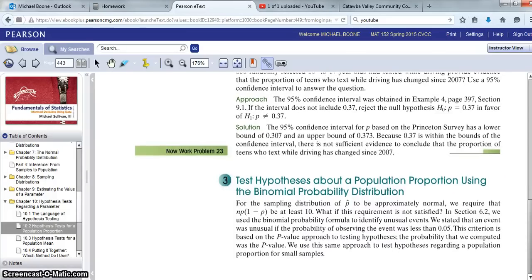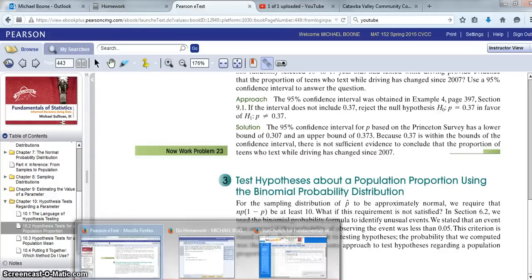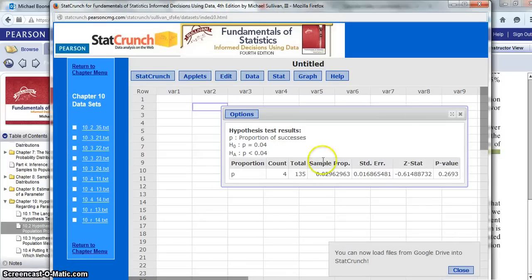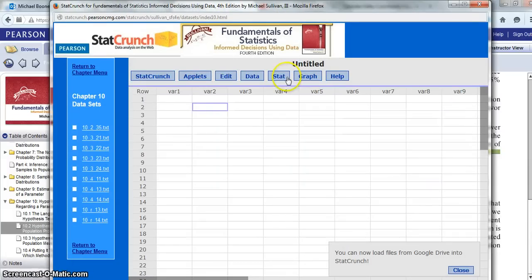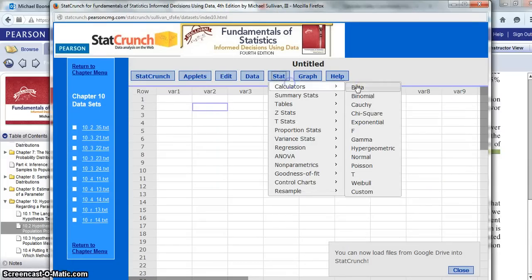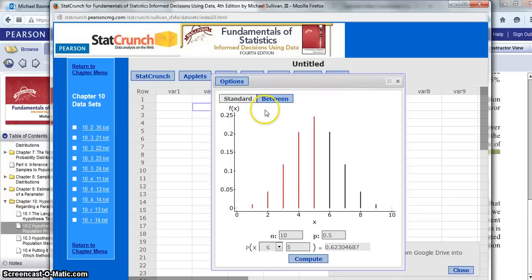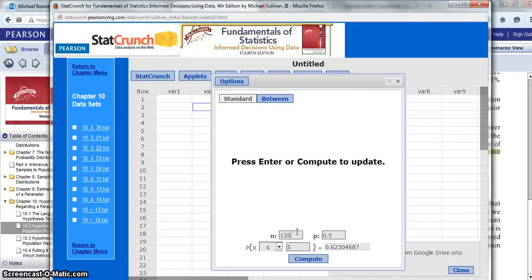And here we go. So for the sampling distribution, we require that it be at least 10. What if the requirement is not satisfied? So that's when we'd actually have to go to our binomial calculator to figure this out. So let's go to our binomial calculator, and we had 135.